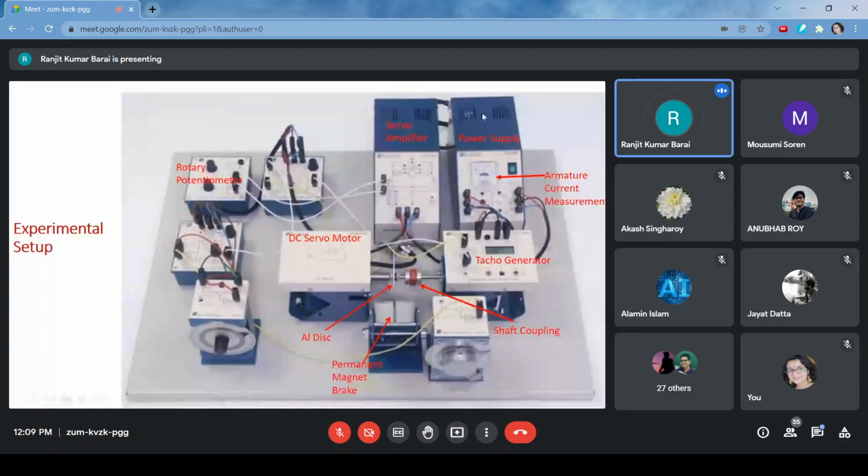That's why it's costly. Servo amplifiers, audio amplifiers, they are very costly. Because precision components are required to achieve this type of amplifier, and their power carrying capacity is more.